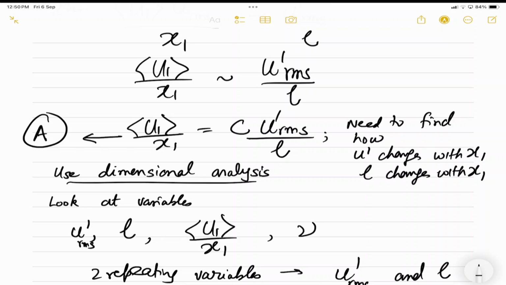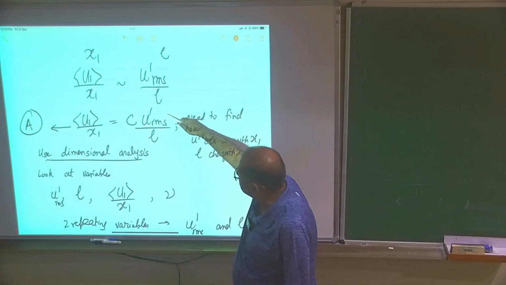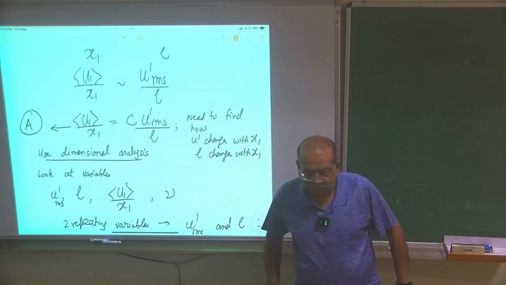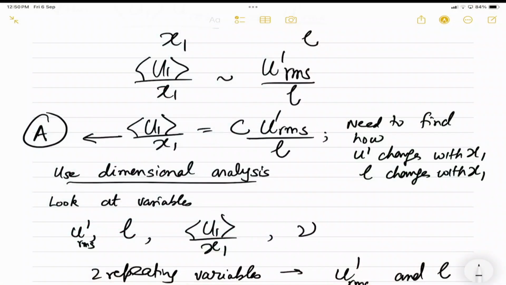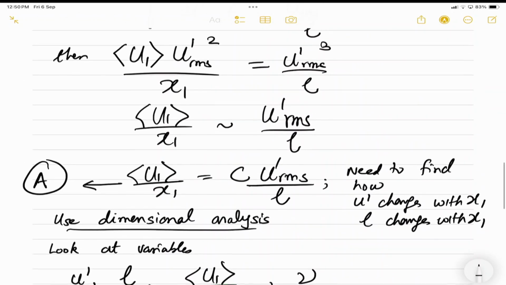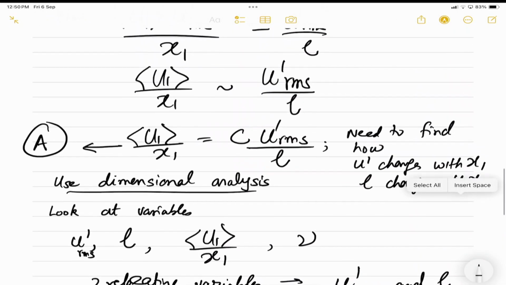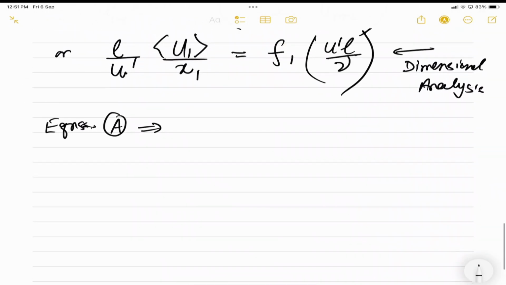The story which I get from the equations is equation A. U1 upon x1 is equal to C times U prime RMS upon L. So equation A tells us, equation A implies, what was it? Let me write down from there. U1 upon x1 is equal to C times.